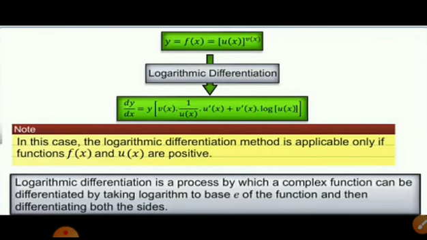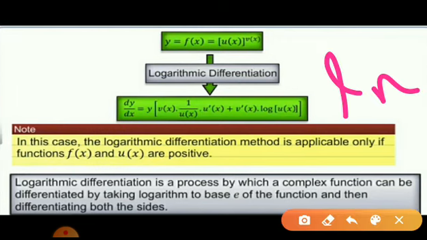Logarithmic differentiation is a process by which a complex function can be differentiated by taking the logarithm to base e of the function and then differentiating both the sides. Whenever we take the logarithm to the base e, it is called the natural logarithm. Usually it is denoted by ln, but in the text it is given just as log x.